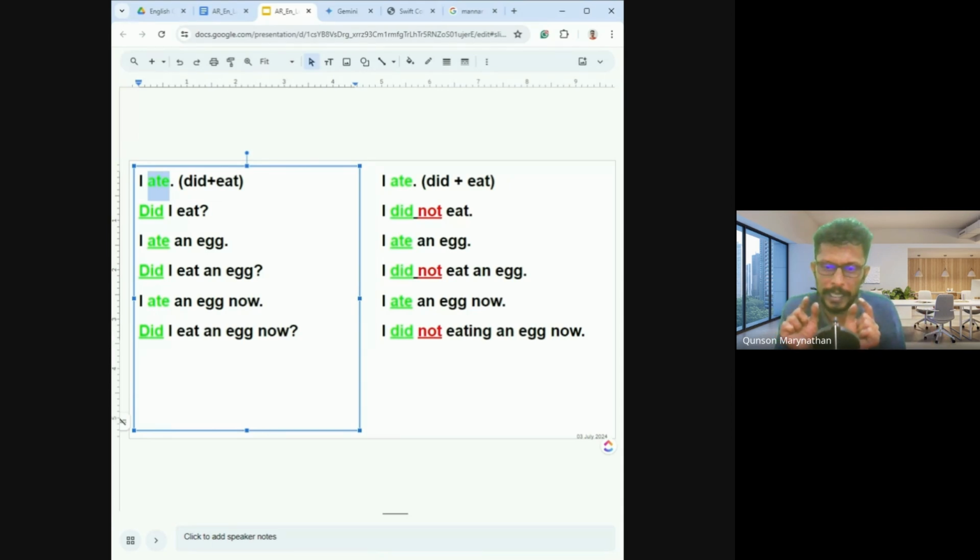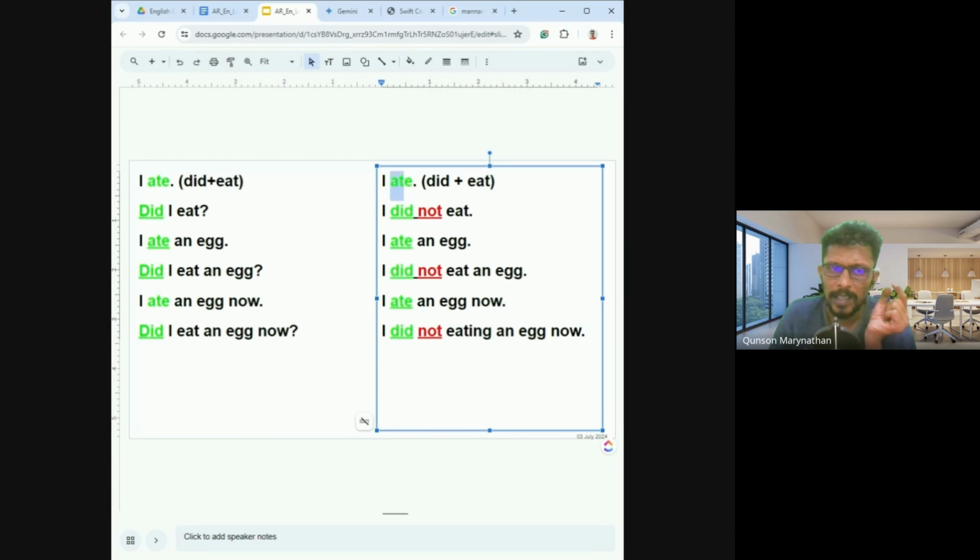If you want to make it negative, you bring the not and put it next to the did. Here, this is the past tense verb, but actually there are two words inside it: did plus eat. So if you want to make a negative, you put this not next to the did. That's the auxiliary verb. So it becomes I did not eat.